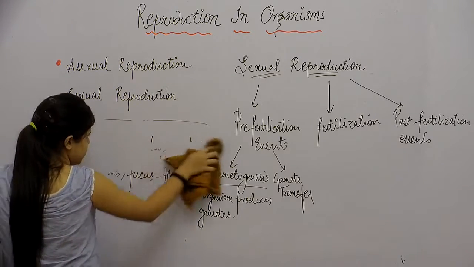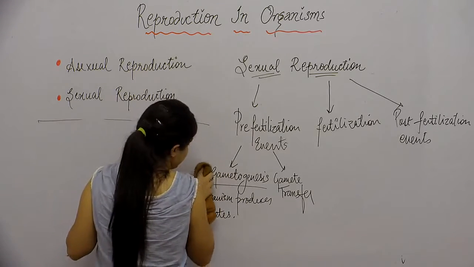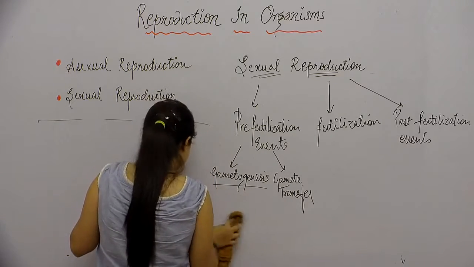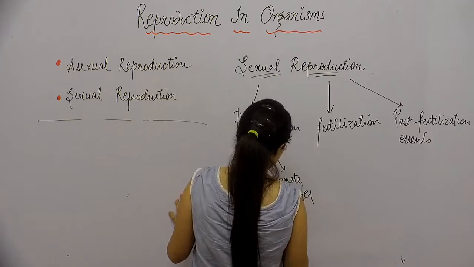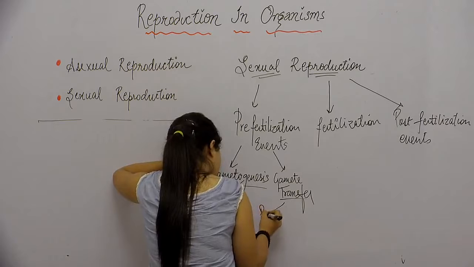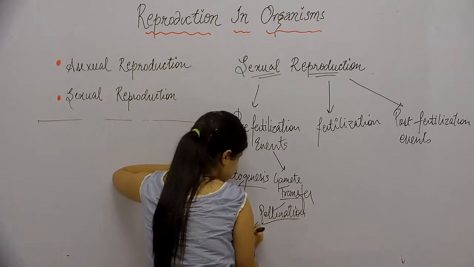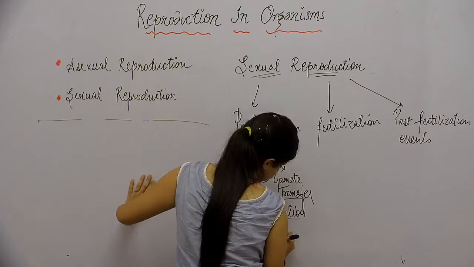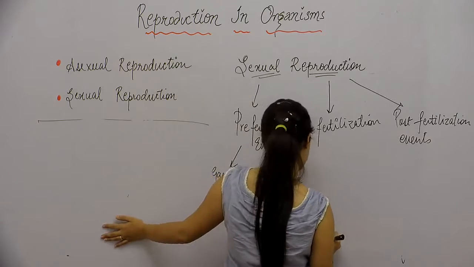So after the first event of the pre-fertilization event, which is the gametogenesis, comes the gamete transfer. Well, the gamete transfer can take place in plants by two processes. By the way, the process is known as pollination only, but there are two types of pollination, which are self-pollination and cross-pollination.